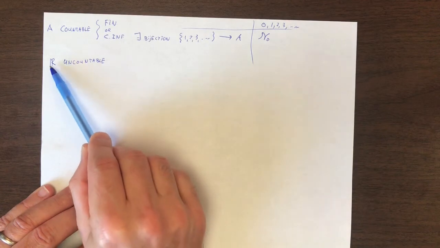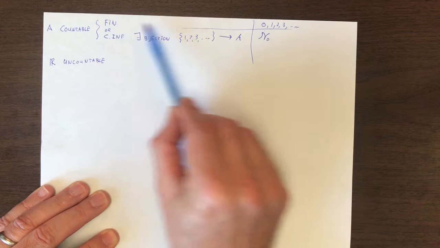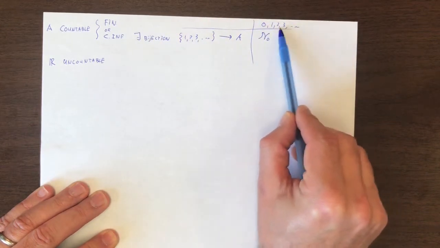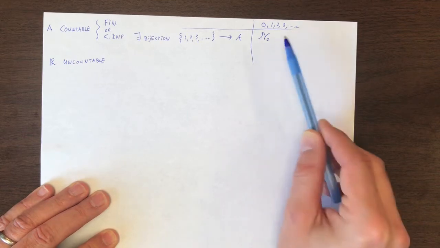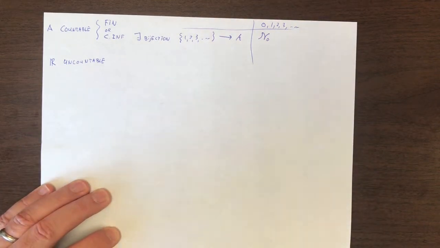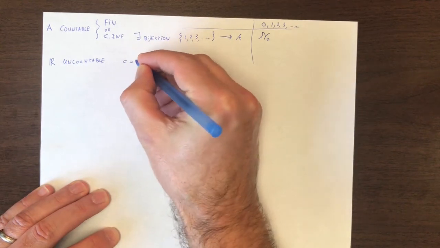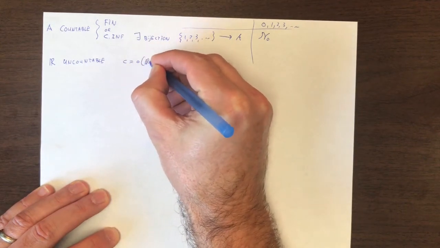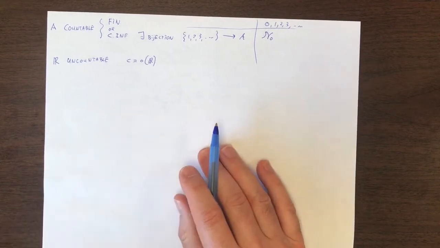Now if we claim that R is uncountable, well, it's definitely an infinite set, so the cardinality is not one of these. And if R is uncountable, then it's not this cardinality either. So we need a new symbol to denote this cardinality, and we've used the letter C for the cardinality of the reals. The letter C refers to continuum.